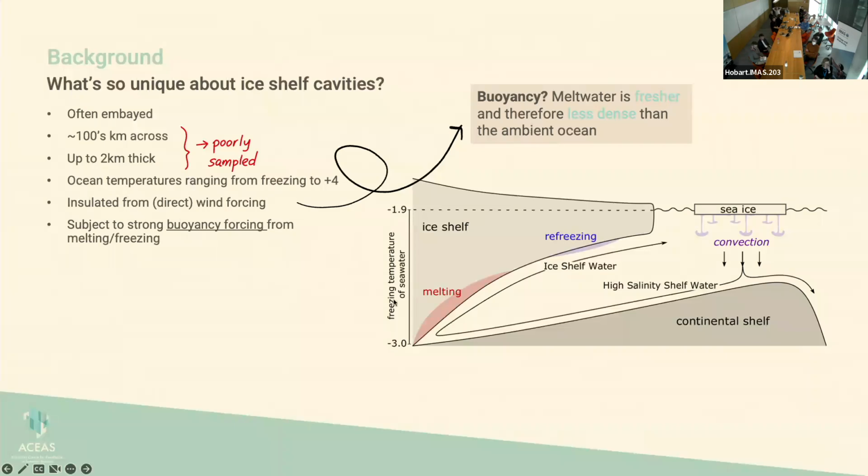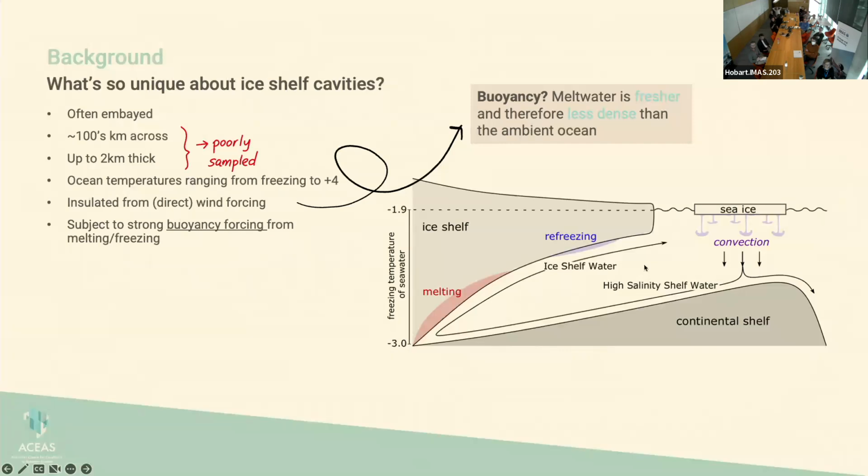Let's get my cursor to catch up. Yeah, we have some water mass flowing in along the seabed to the very base of the ice shelf. It's driving elevated melting and forming some buoyant meltwater, which is then flowing back out towards the open ocean.